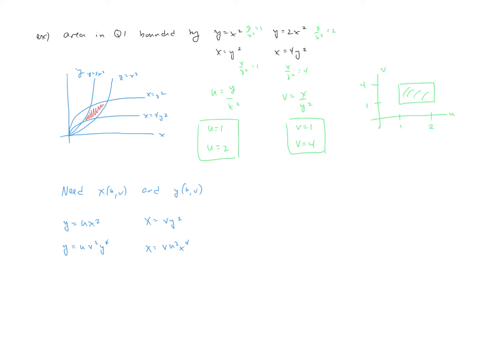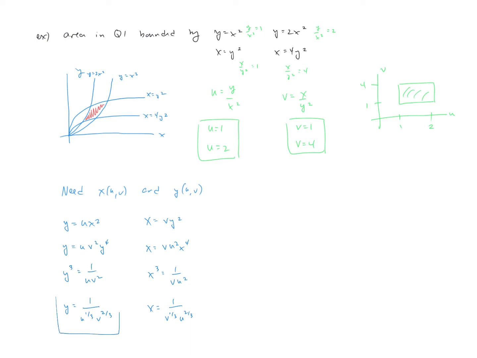Simplifying it down a little bit, we've got a y cubed, and if I divide, that equals 1 over u v squared. Similarly, we've got x cubed equals 1 over v u squared. To get y all by itself, I'll take the cube root of everything, which leaves us with 1 over u to the 1/3, v to the 2/3, and then x equals 1 over v to the 1/3, u to the 2/3.